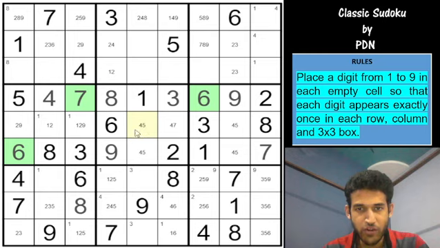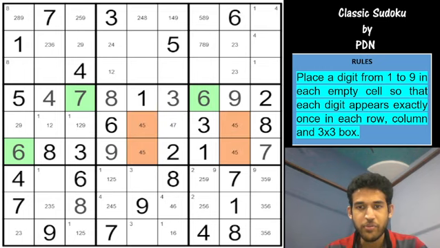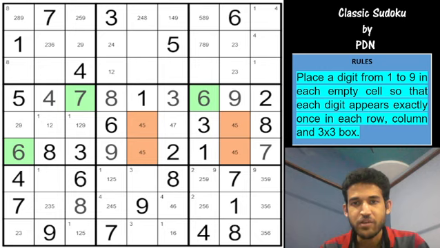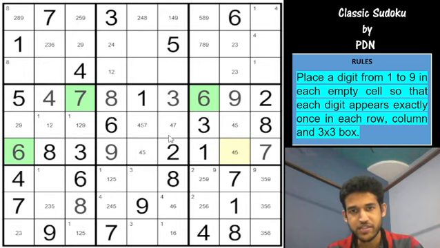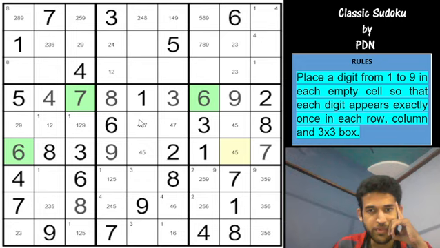If suppose I have 4 and 5 as the candidates here, after I complete the Sudoku, I can always interchange these 4, 5 pairs to get another solution. But a Sudoku never, I mean, at least some Sudokus which are constructed by reputed authors will never have dual solutions. So you can always use this kind of idea to solve your Sudokus faster. So I can always interchange these and get two solutions, which is why I'm saying that this cannot be 4 or 5, that would be a 7. But let's see for some logical step here.